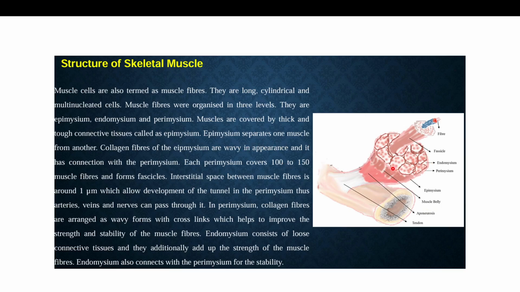That is the outermost layer. And then there are collagen fibers of the epimysium, this part here, which are wavy in appearance. And there's a perimysium also, which is the next layer after the epimysium, where each perimysium covers approximately 100 to 150 muscle fibers.